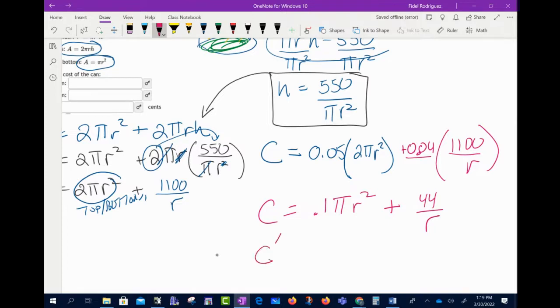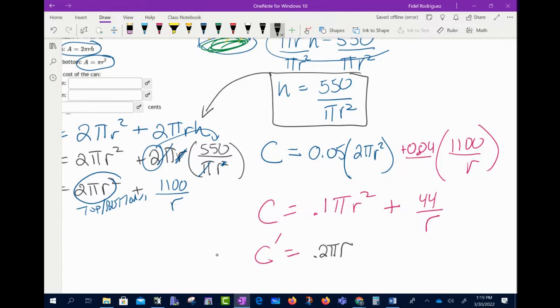The way we're going to figure that out is we're going to find the derivative of it. So 0.2 pi r, right? Pi is just a constant. It's just like if the number there was a 7 or something like that. You're just multiplying the numbers out. And 0.2 times 1 is 0.2 times pi is still pi with an r.